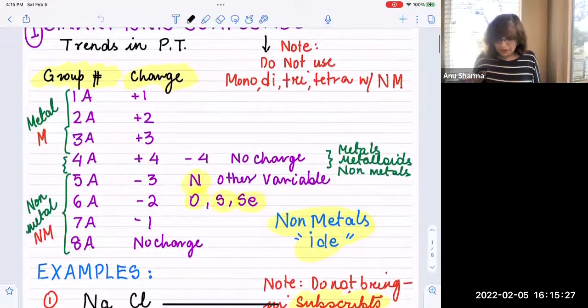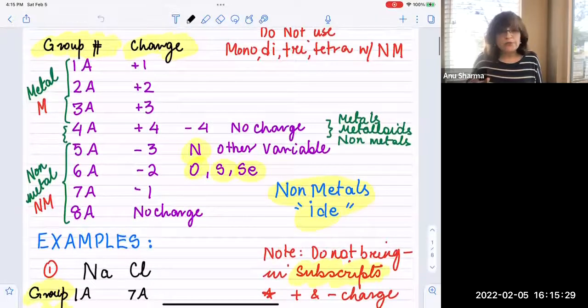Review the trends in the periodic table. So we know that the group number relates to the number of electrons that are present in the last shell, and that also determines the ability of the atoms to make bonds and the kind of charges it is going to have.